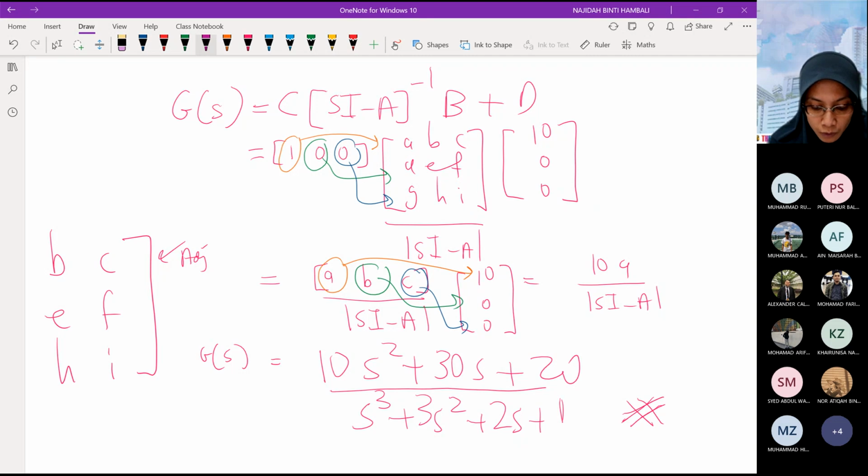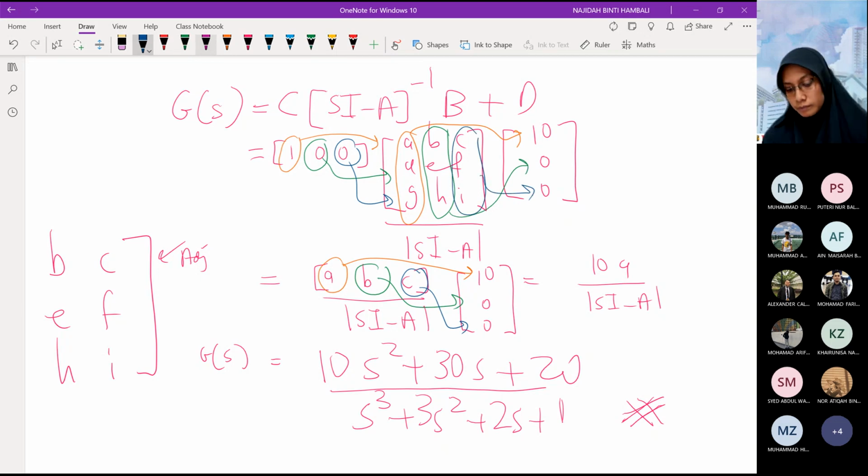Okay, for that one, kalau you nak settlekan inversion matrix dengan B, so ni darab ni. And then first column darab dengan first row, second column darab dengan second row, third column darab dengan third row.